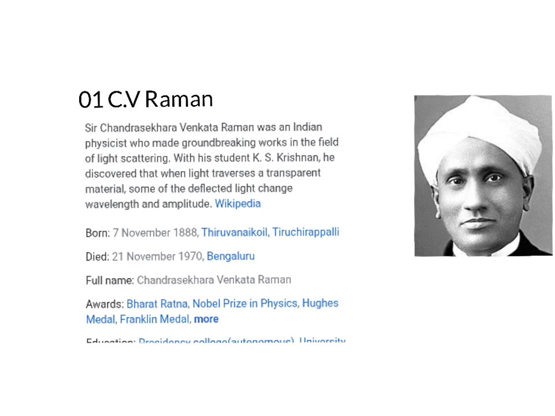Okay, first one is C.V. Raman. Shri Chandrasekhar Venkata Raman was an Indian physicist who made groundbreaking works in the field of light scattering. With his student K.S. Krishnan, he discovered that when light traverses a transparent material, some of the deflected light changes wavelength and amplitude.